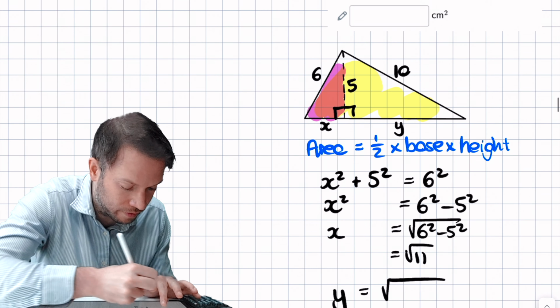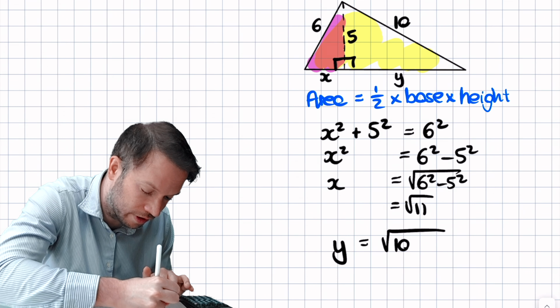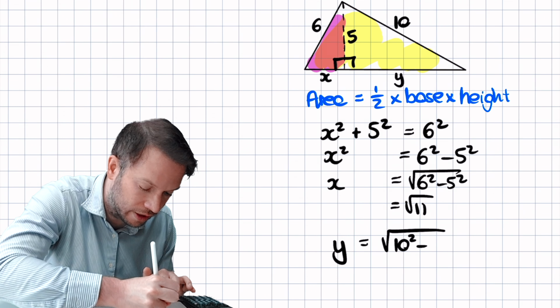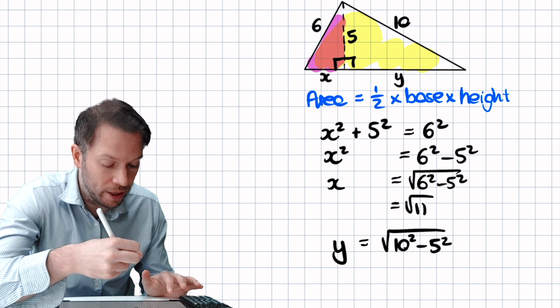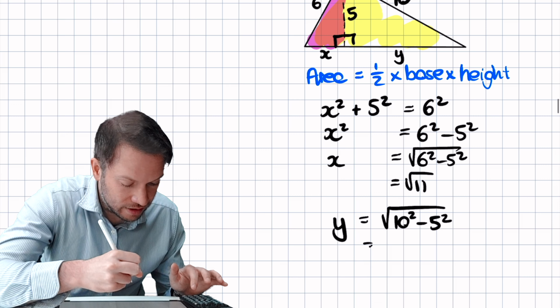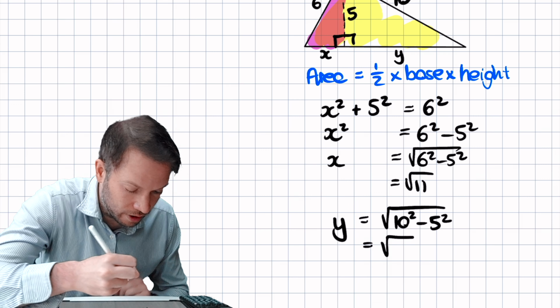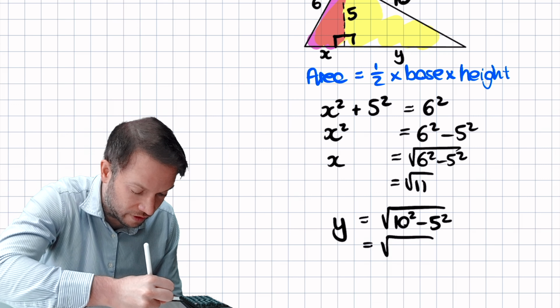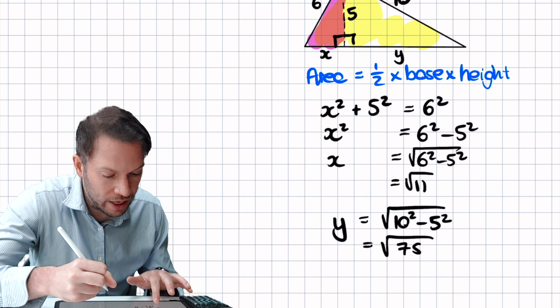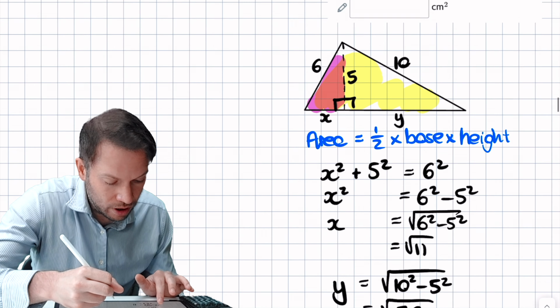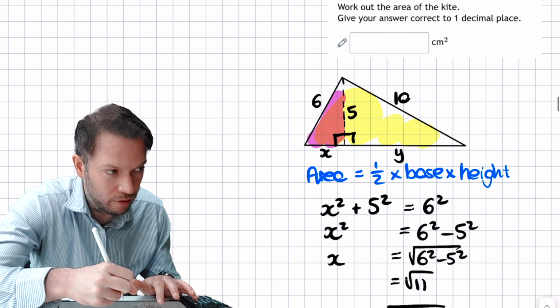So we've got the 10 and the 5, so we do the 10 squared minus the 5 squared. But if you don't like doing this kind of shortcut, then just do it the normal way. So that's going to be the square root of 100 minus 5 squared, 100 minus 25, which is 75. Okay, so now we therefore know the bottom length of this right angle triangle.